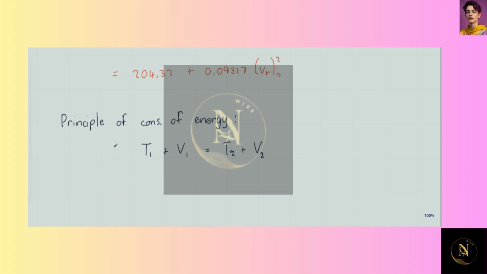So recall that V1 we calculated to be 160 foot-pounds, and V2 we calculated to be 3.91 foot-pounds in the beginning.